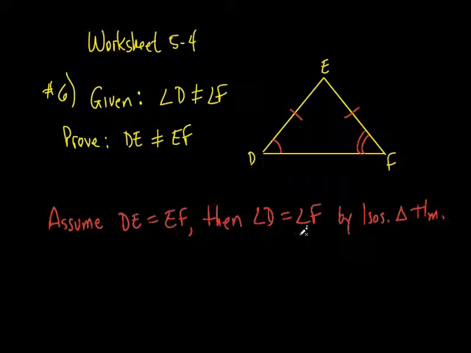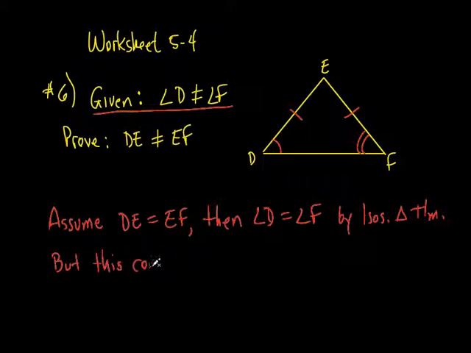But what does this do, though? Can angle D equal angle F? No, it can't, because what was given? It was given that they don't. So they can't be equal to each other and not be equal to each other at the same time, can they? No. So what did we just do? But this contradicts, doesn't it?